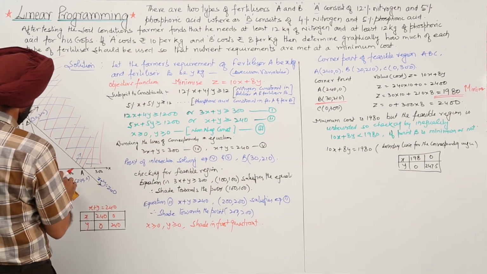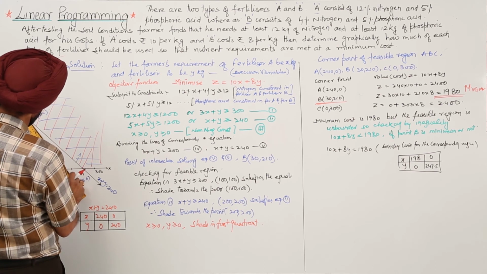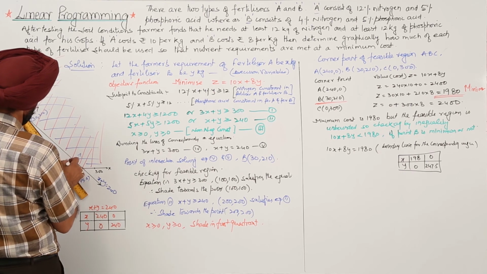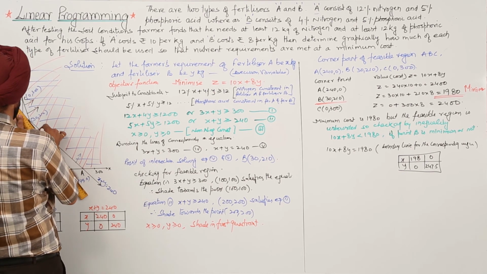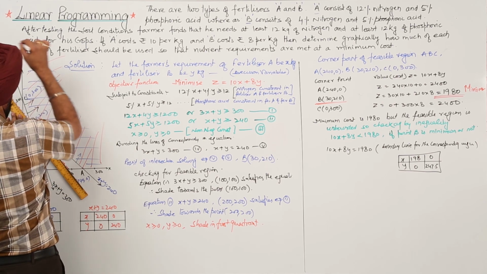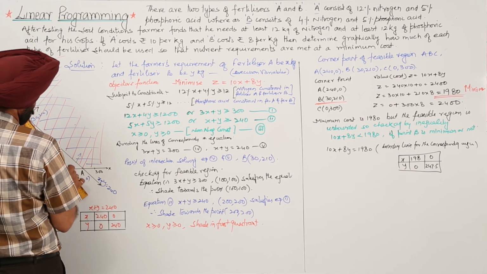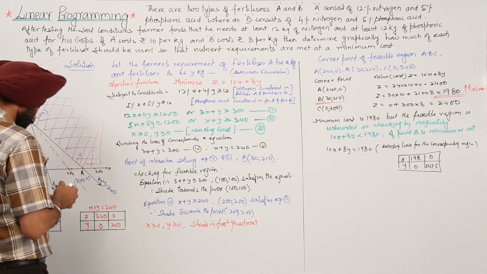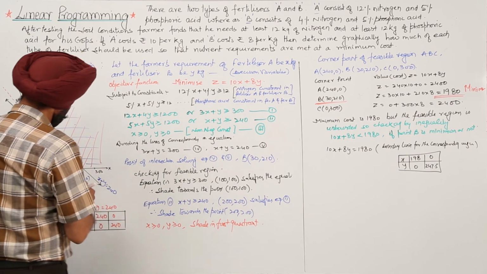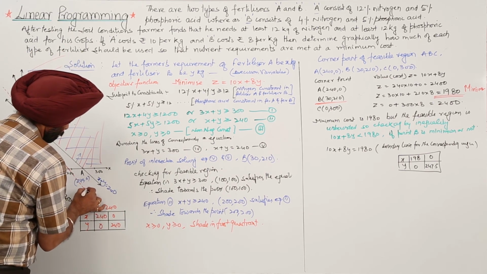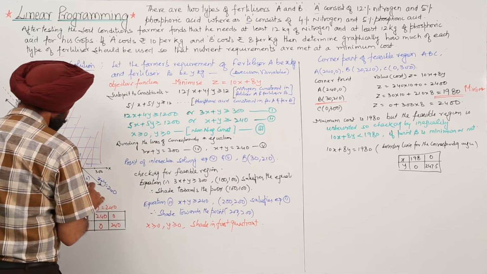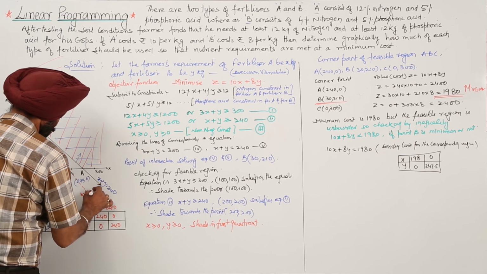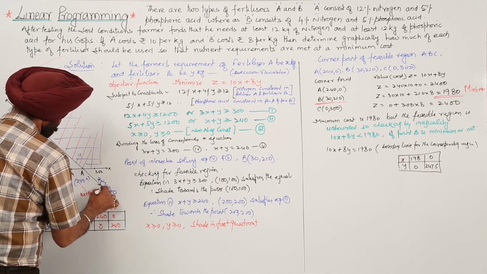So it goes like this. Now this is for 10x plus 8y is less than 1980.